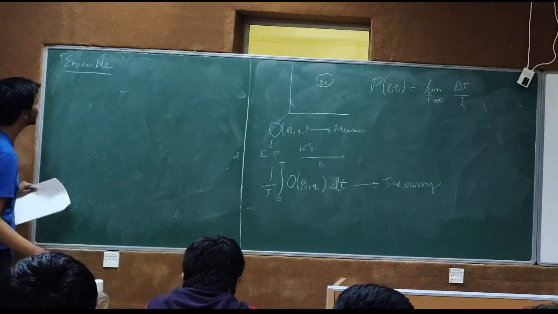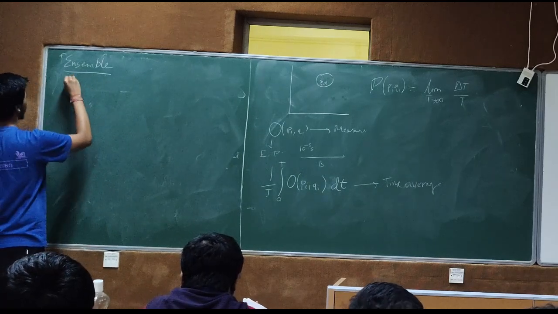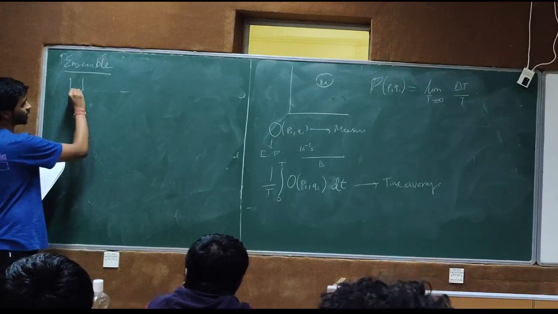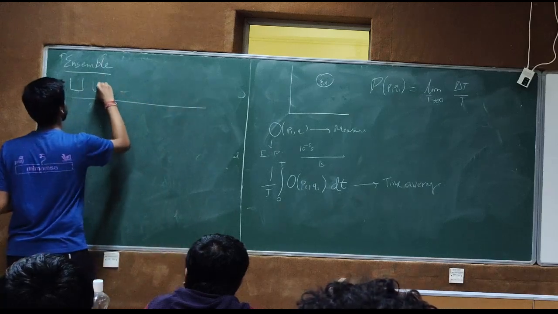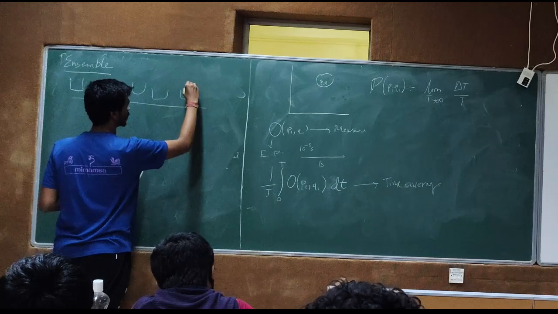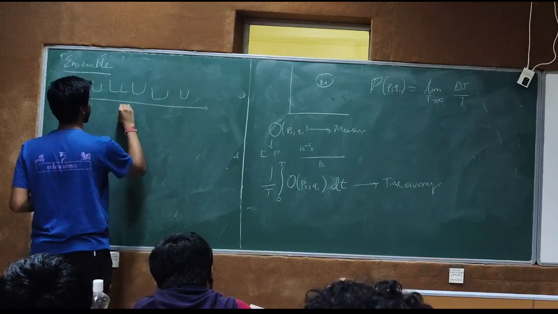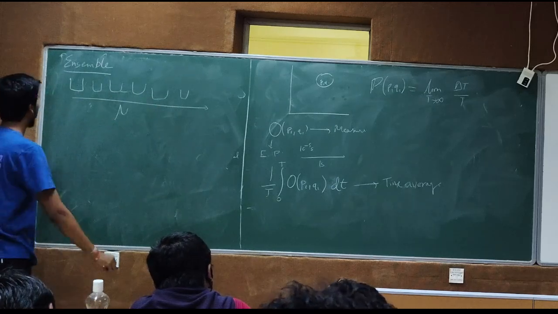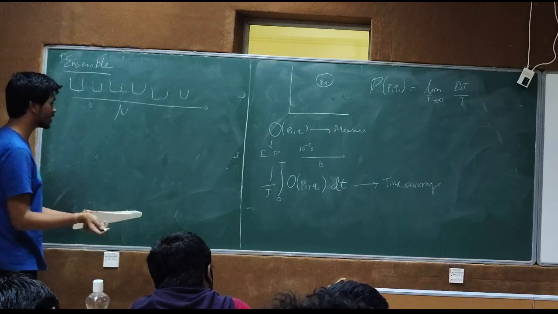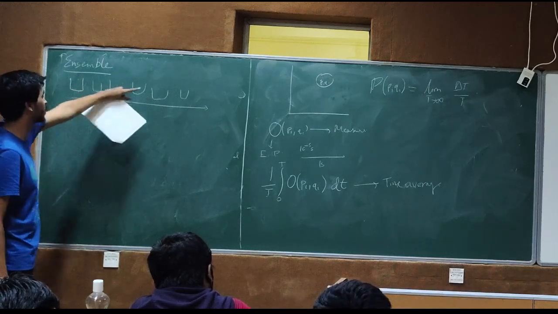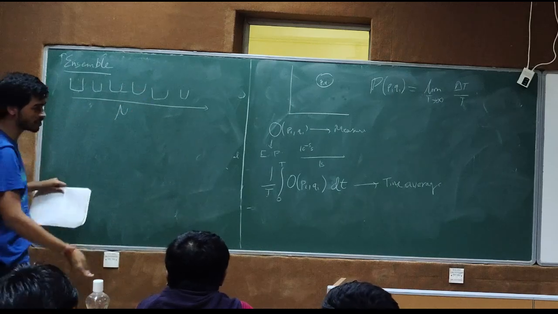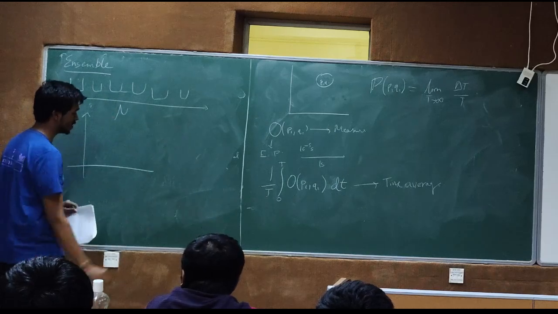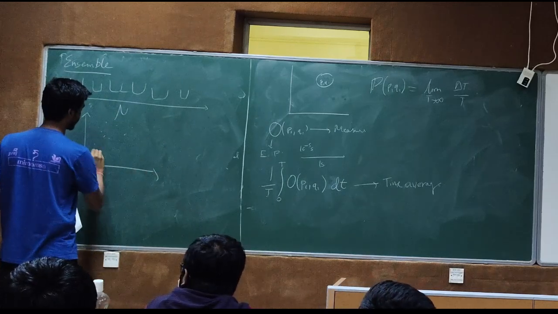What an ensemble is, basically, you have a system, and you take a large number of copies of the same system, and say that the total number of copies is N. Each of them is not in the same initial condition. So they're different microstates, but all in the same macrostate. When you plot each of their points in the phase space, you will get a distribution of points.